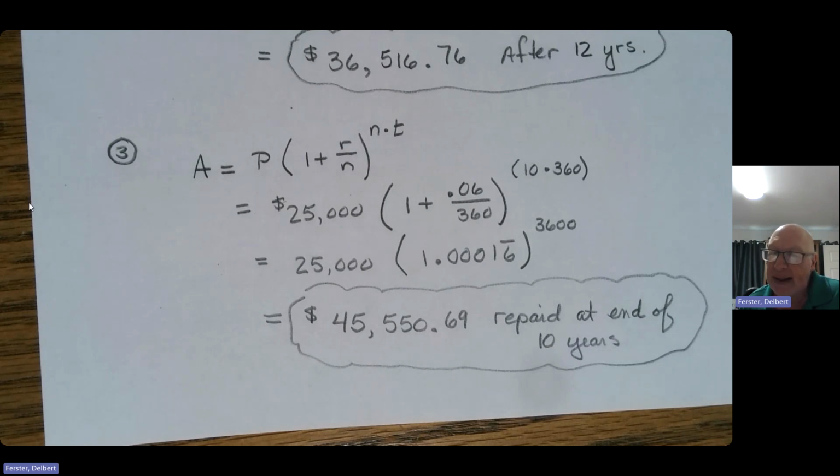And we would find at the end of the 10 years, she would be repaying to her friend $45,550.69. It's a straight through problem where the 25,000 is present value and you're calculating the value at some point in time, the future value for problem number 3. Let's switch answers and bring up 4, and that'll wrap out Unit 7.